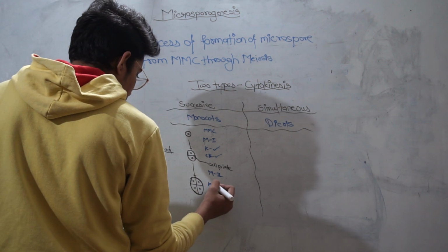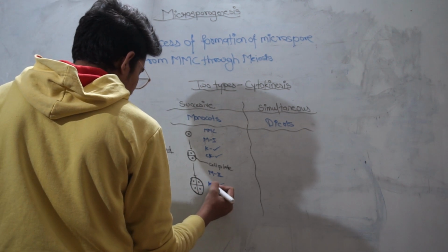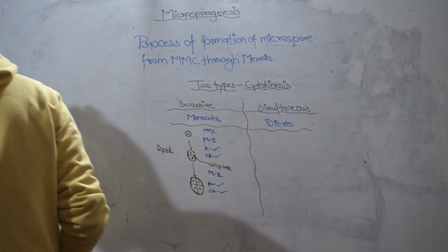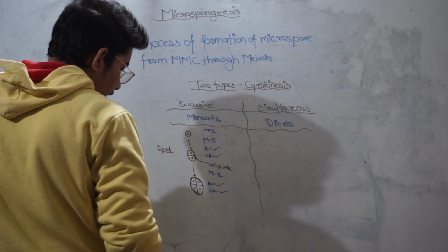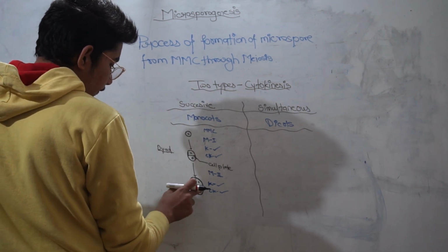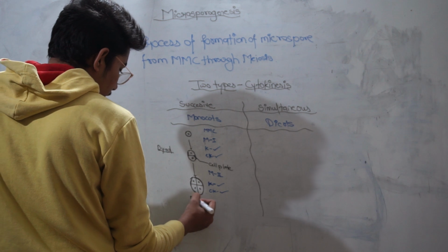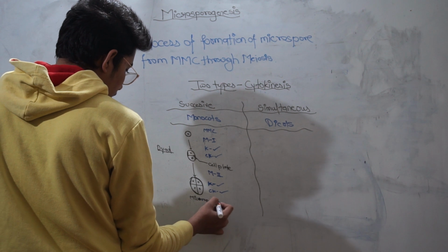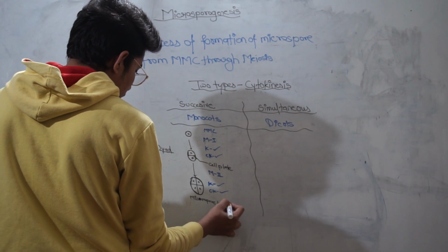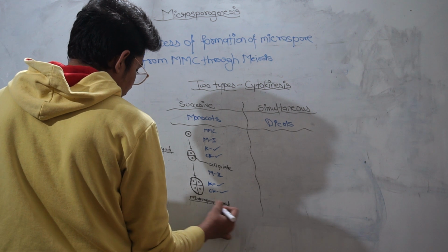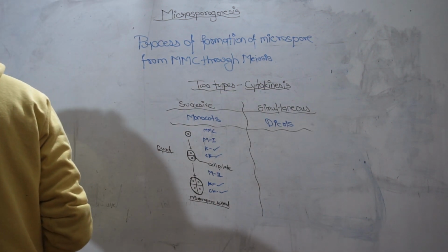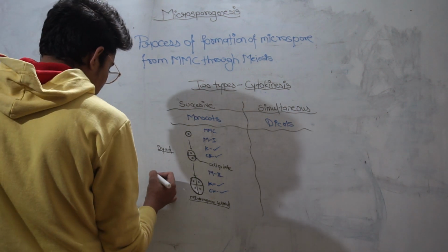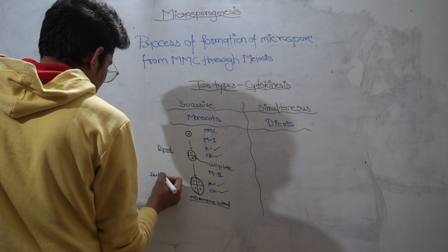Here also there is the presence of karyokinesis and cytokinesis too. This is known as a dyad, and the formation of four cells is known as a microspore tetrad, also known as isobilateral tetrad.